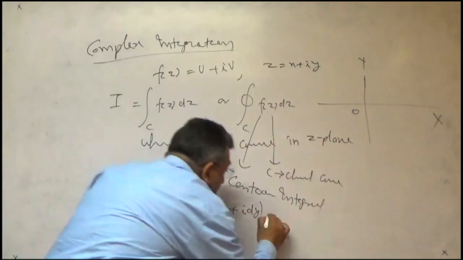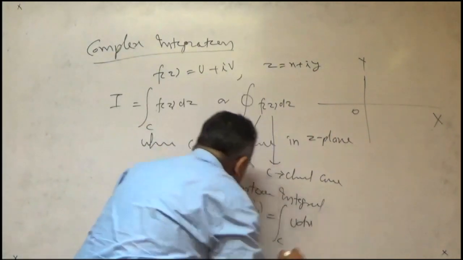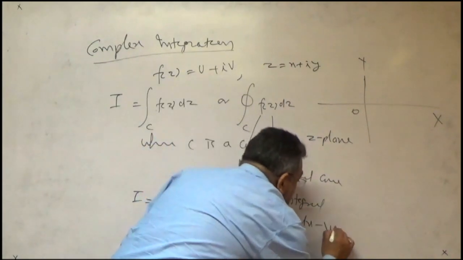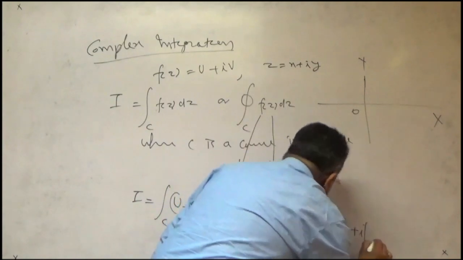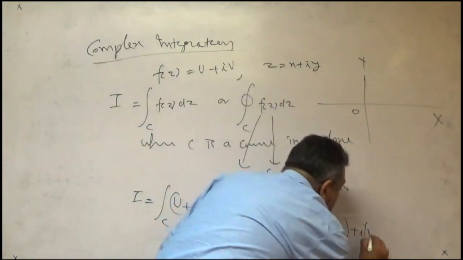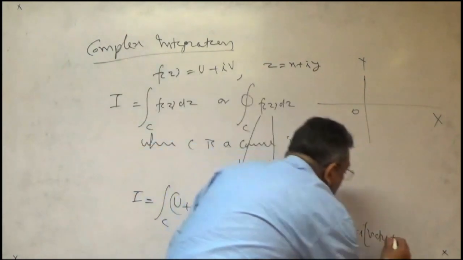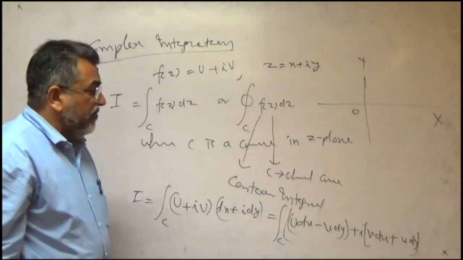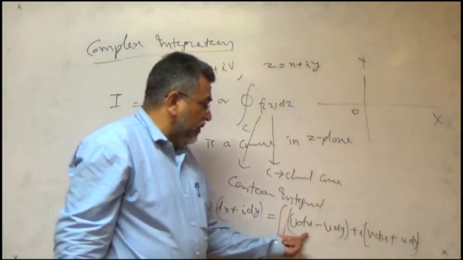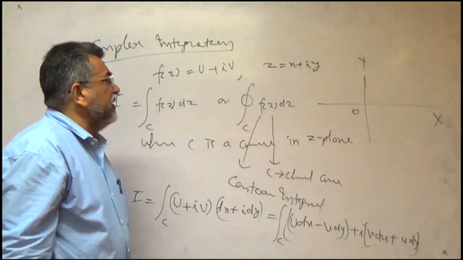If you open this and take real and imaginary parts, u dx minus v dy is the real part, and i times (v dx plus u dy) is the imaginary part. You can open this in Cartesian form, then integrate with respect to x and with respect to y. This is the complex integration.